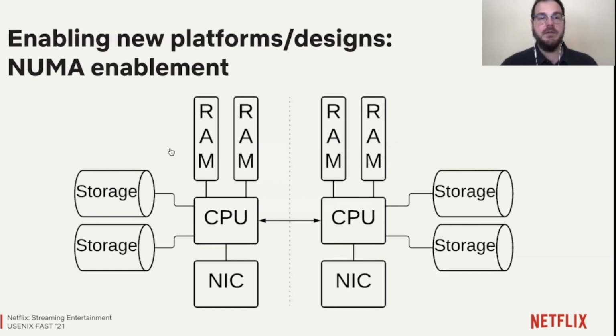The one thing that may need to cross between NUMA domains is the actual contents of the file that the user wants to read. Until they've actually made their request, we don't know which file they want to read. And in fact, they might want to read multiple files, which could be in different NUMA domains. So rather than migrating the connection between NUMA domains, we made the decision to keep everything local on the NUMA domain, but allow the bulk storage transfer to cross over between the NUMA domains.